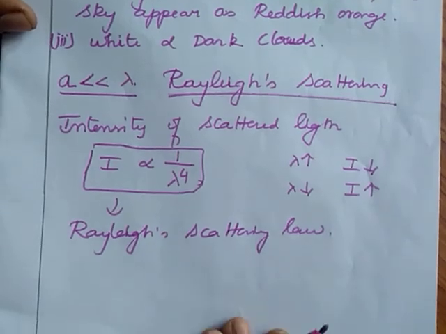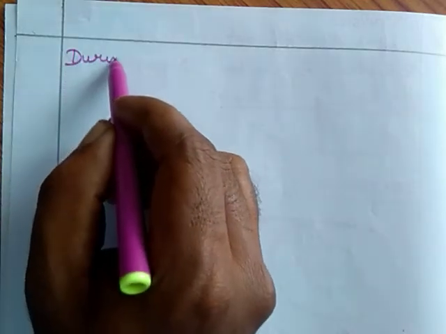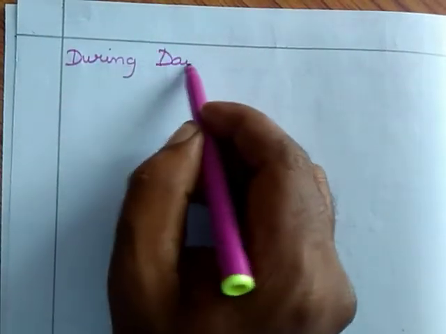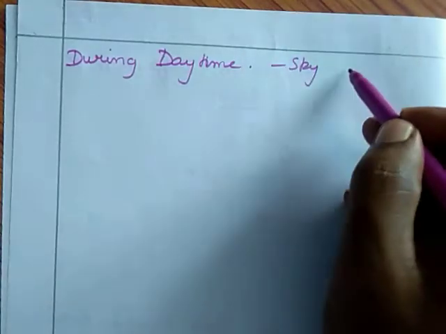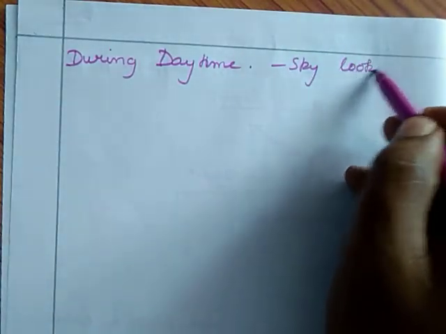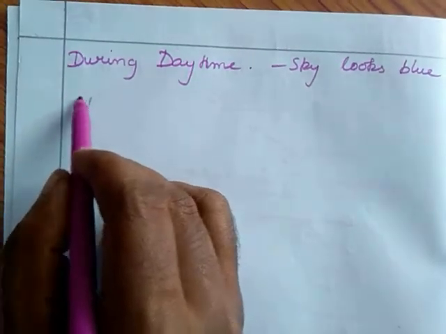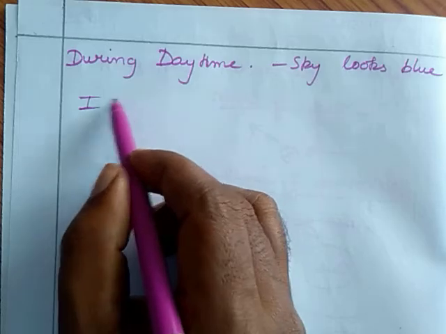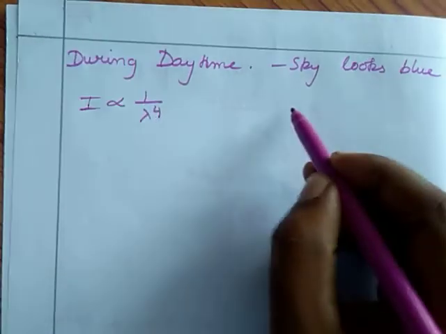We know during the daytime the sky looks blue. We know the Rayleigh scattering law, the intensity of the scattering is inversely proportional to the fourth power of the wavelength.